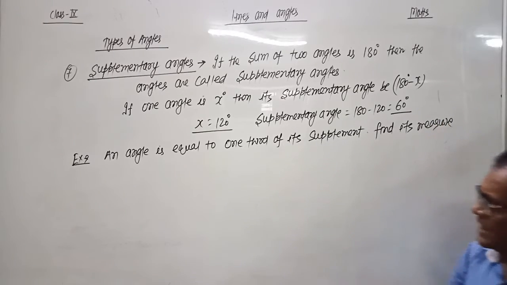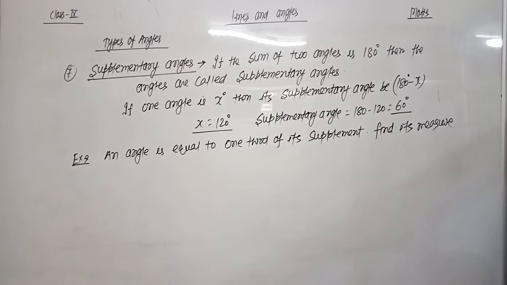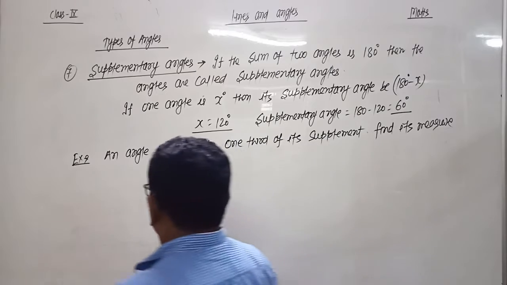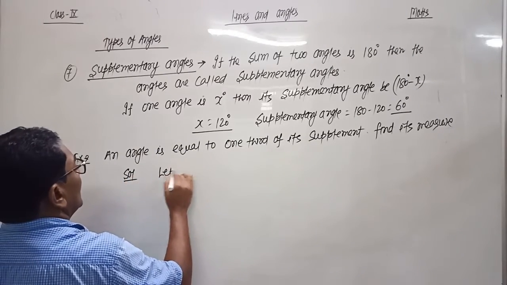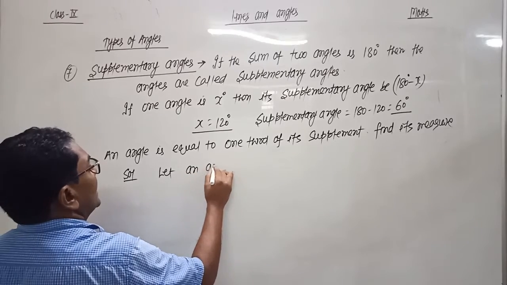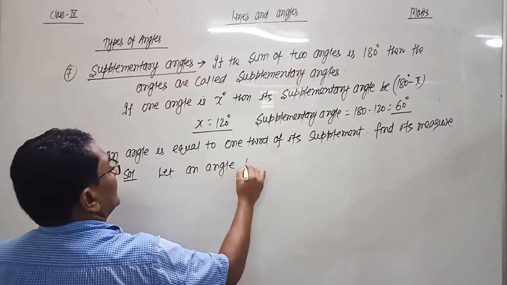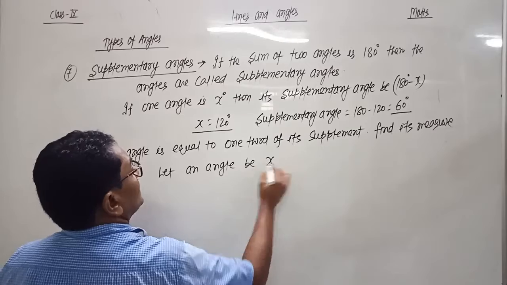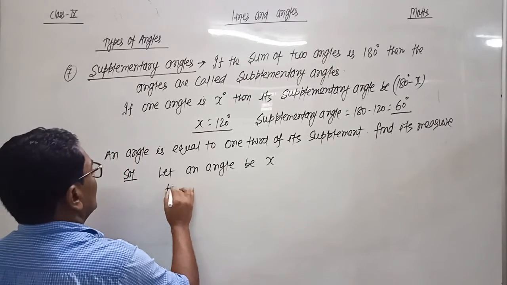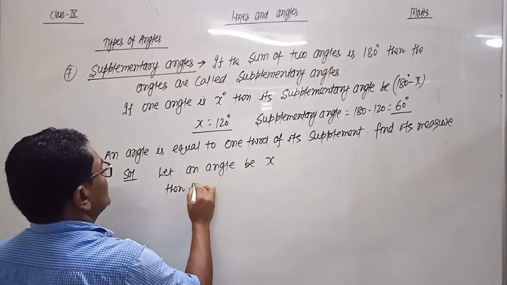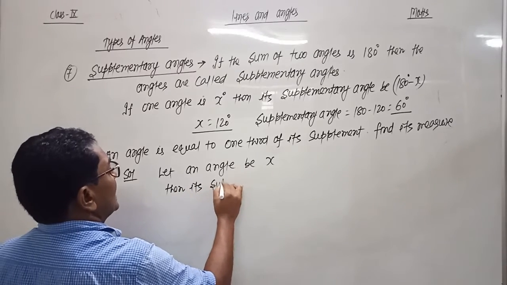We have to find the measure of the angle, and we are given that an angle is equal to 1/3 of its supplement. So suppose the angle is x degrees. Then we find its supplementary angle.